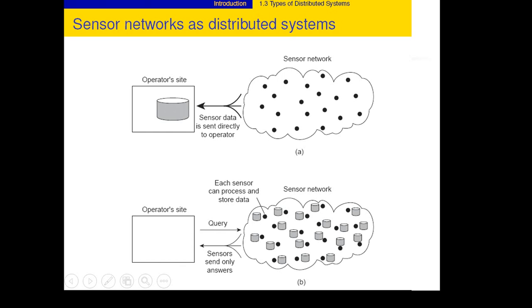Figure A and Figure B are illustrated in this slide. In Figure A, on the right side you can see a sensor network, and on the left side there is the operator site. The sensor network sends the data to the operator site.